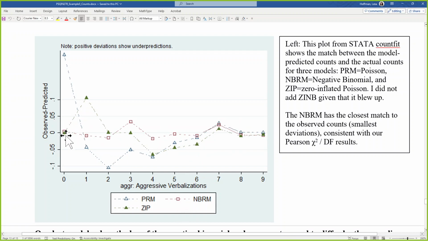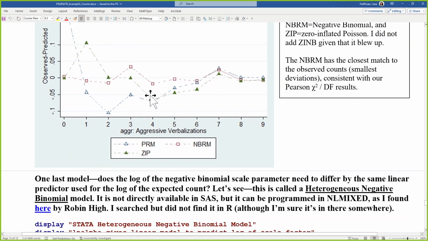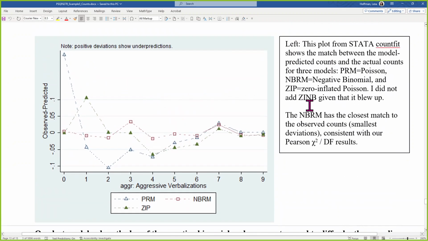The negative binomial is the red one, a little bit bumpy, but not too terrible. And the zero inflated Poisson gets the zeros right, as well it should, that's its only job, but gets the rest of it wrong. So based on this evidence and the probability of being an extra zero in the 4th decimal place, then I would say it's negative binomial, write it up and turn it in.